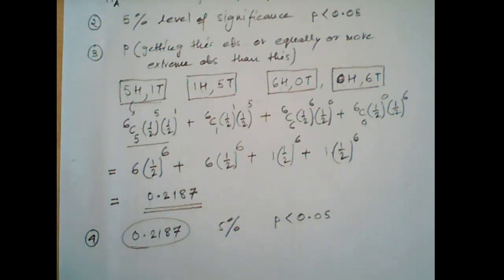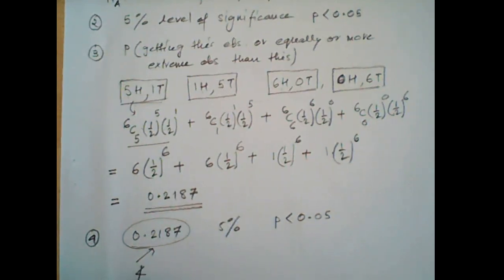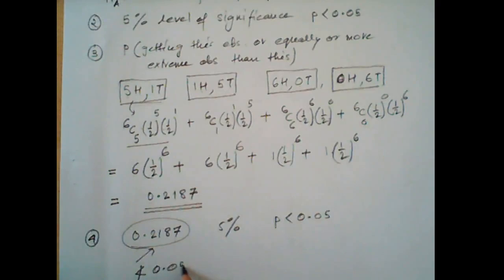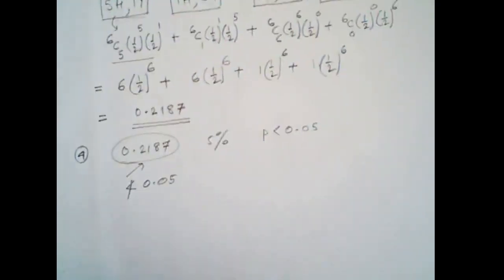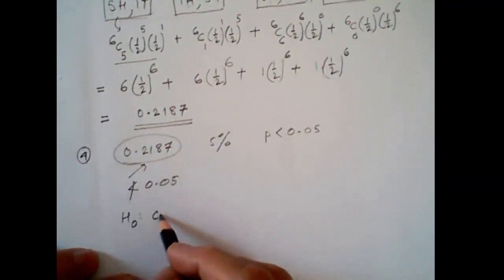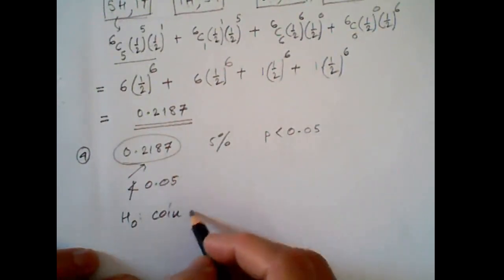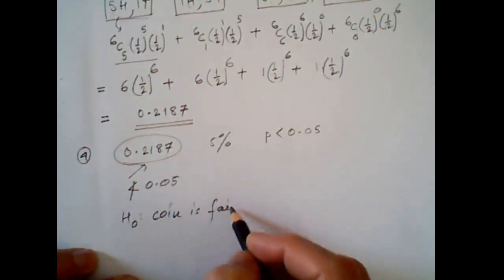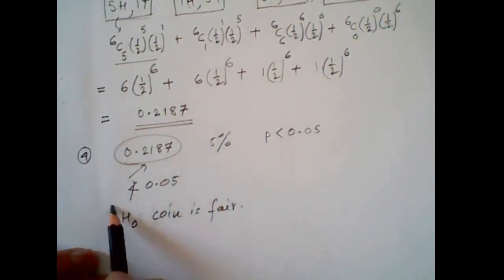I will say that there is no sufficient evidence to state that there is anything wrong with this coin. And so because this probability value is not less than 0.05, therefore what you do is you go ahead and accept the null hypothesis, which is that the coin is fair. So this is what you go by.